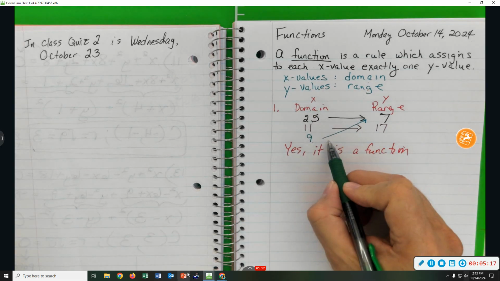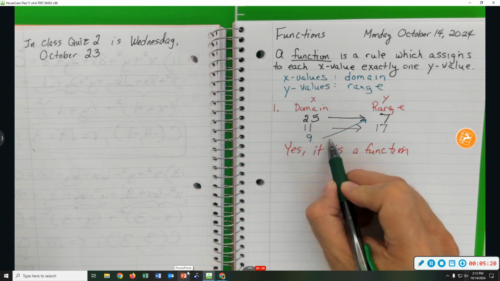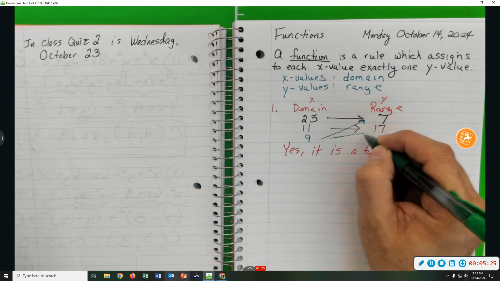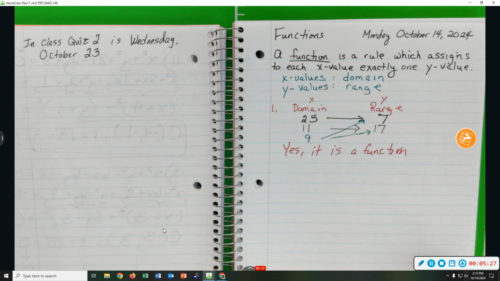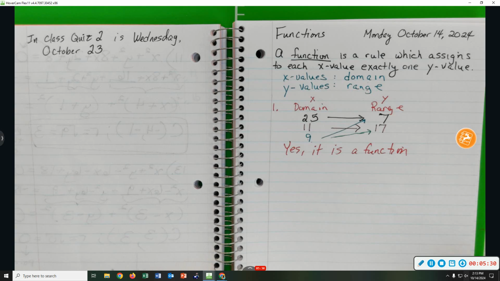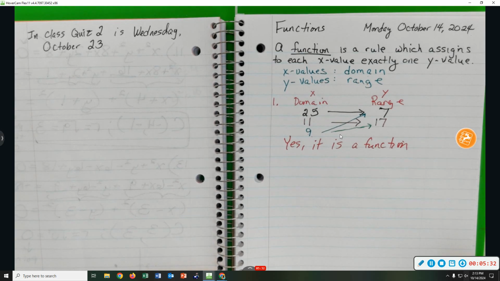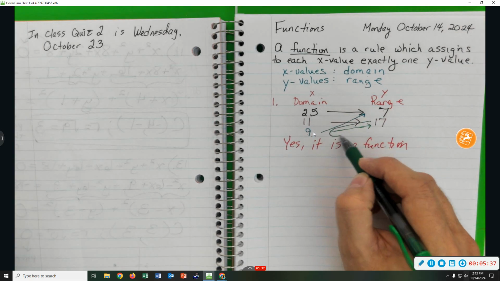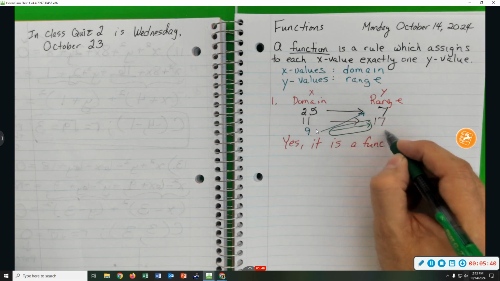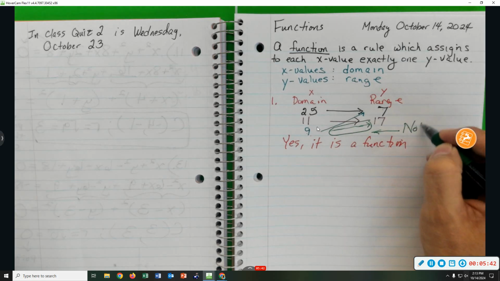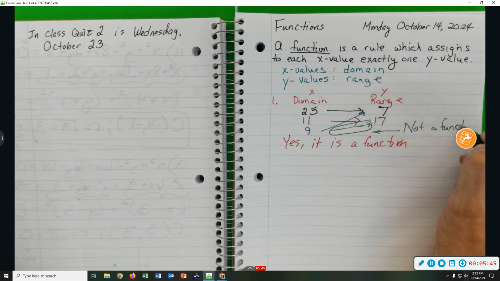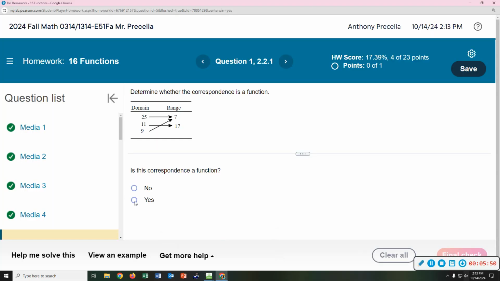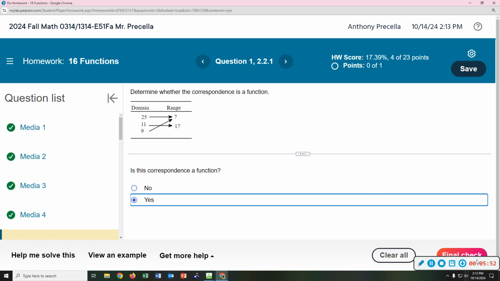Like right here, if there'd been an arrow from the number 9 and it was being paired with 17 also, then your answer would be not a function. Y'all see what I mean by each x value gets only one y value? So yes, this is a function.